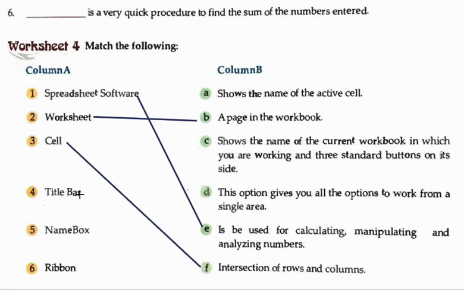Fourth, title bar. What is the use of the title bar? It shows the name of the current workbook in which you are working, and there are standard buttons on its sides.